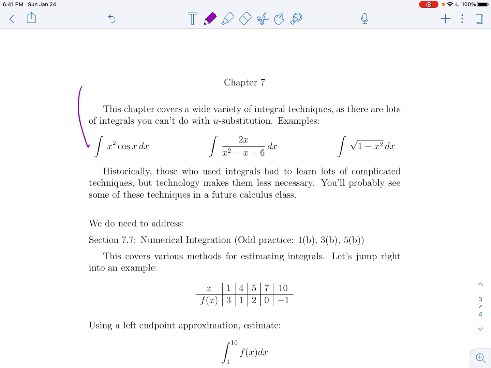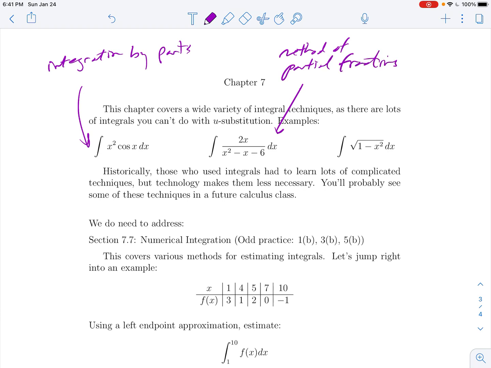So there's a technique called integration by parts, which is essentially integral's attempt at a product rule, but it's not as powerful. Here you could use what's called the method of partial fractions. And here you could use a special kind of substitution called a trigonometric substitution.